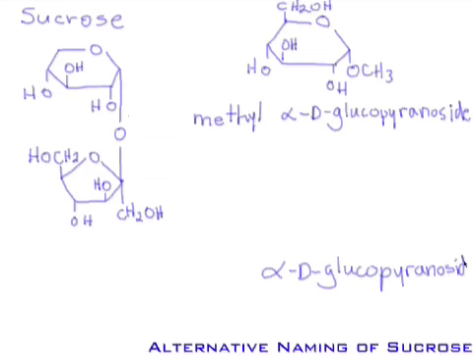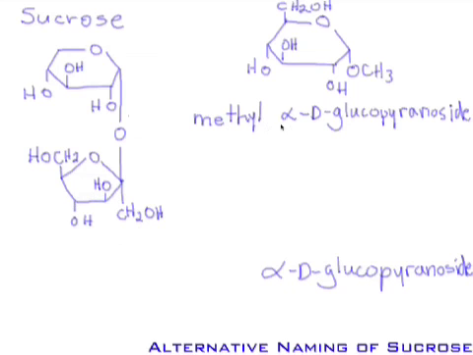Because note what's attached to the oxygen of the D-glucopyranose. It's a carbon. This is a big carbon molecule, but it's a carbon. So this is a glycoside. Now we have to name the substituent out front as an alkyl. Well, what is that substituent? Well, that substituent is a beta-D-fructofuranose.